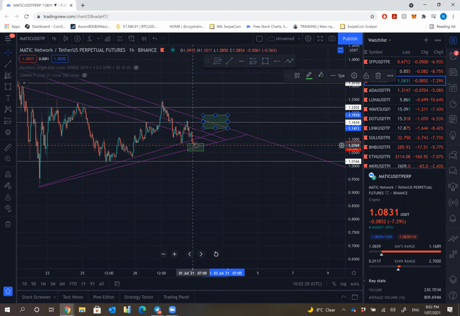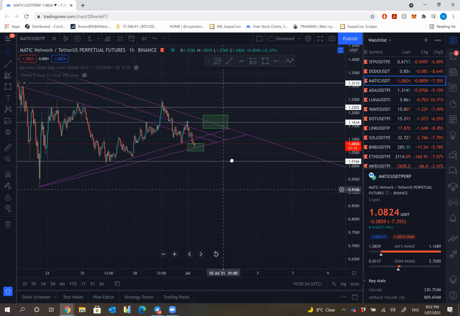Now, when the coin gets into these points here, that's when I start looking at my indicators for confirmation of whether to enter or exit a trade.